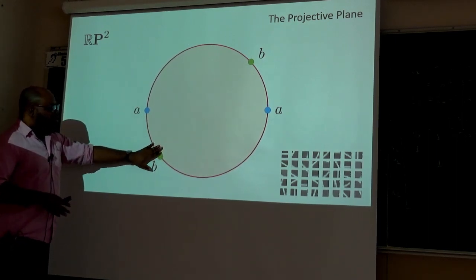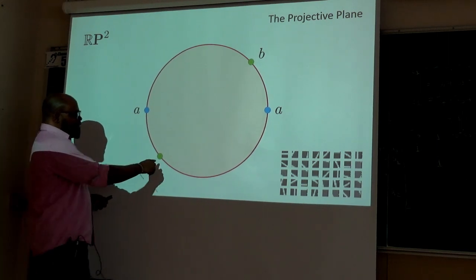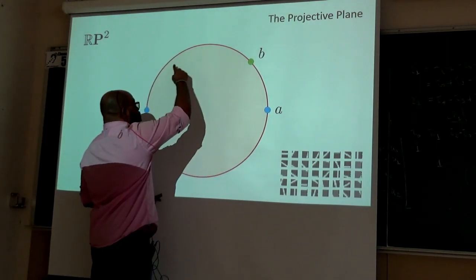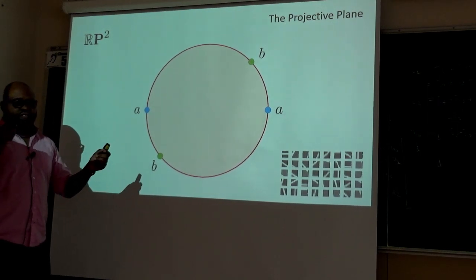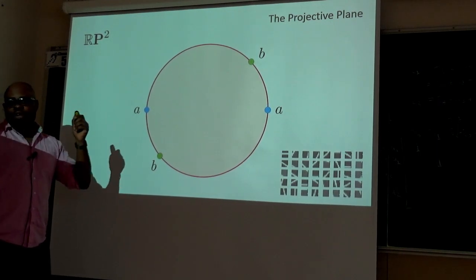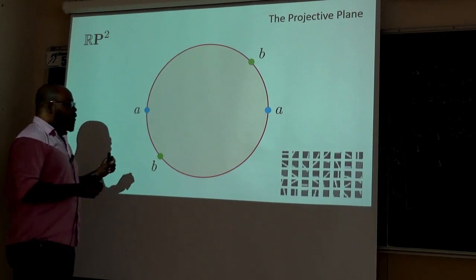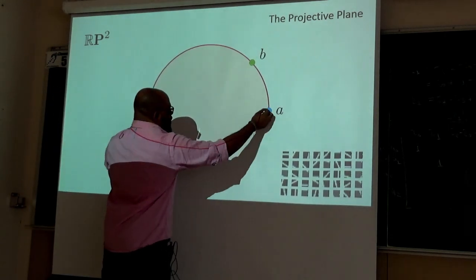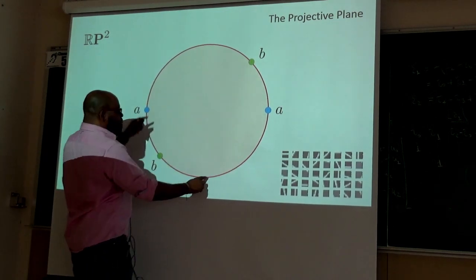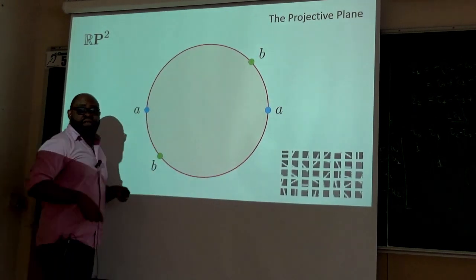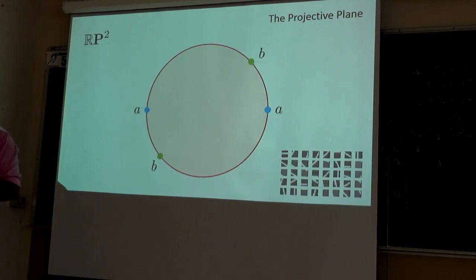One model for RP2 is the following: start with a disk, and then identify points in the boundary that are diametrically opposed. In other words, we're going to paste this point to that point. We're going to paste this point to that point. You're going to do that for all pairs of antipodal points. If your brain is hurting because you're trying to visualize it, that's fine. That's why this needs 5 dimensions. It's because it's hard to visualize.